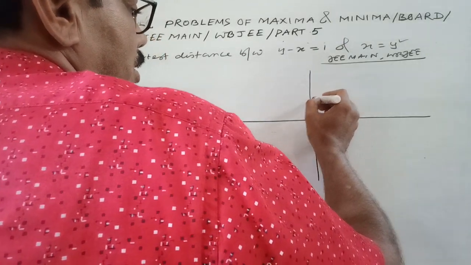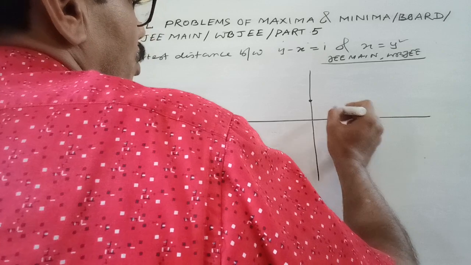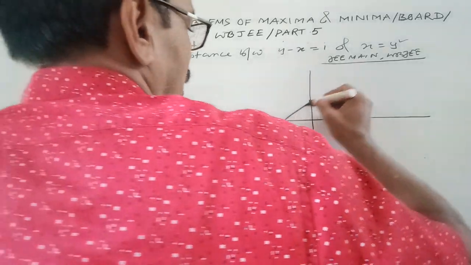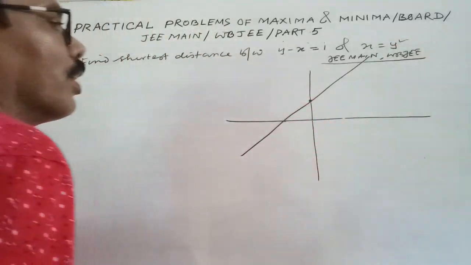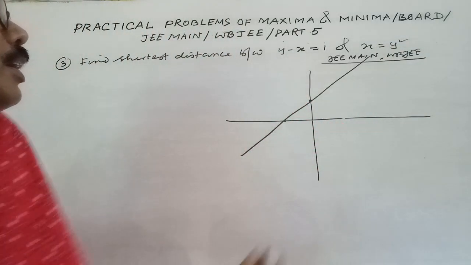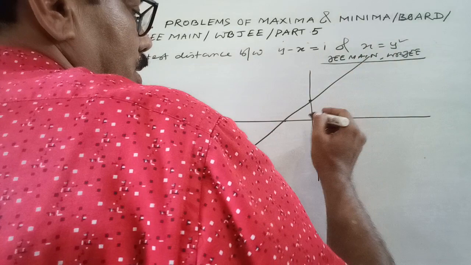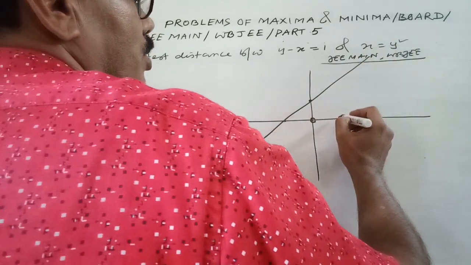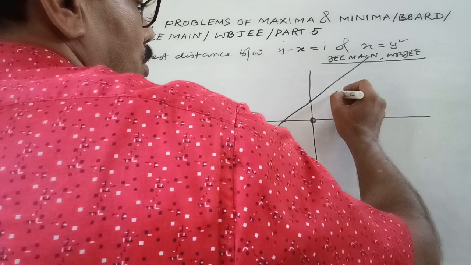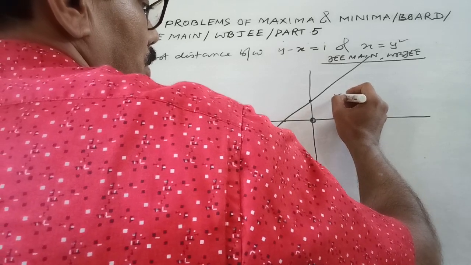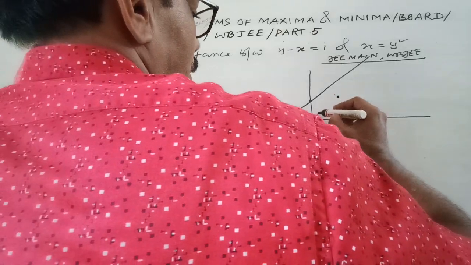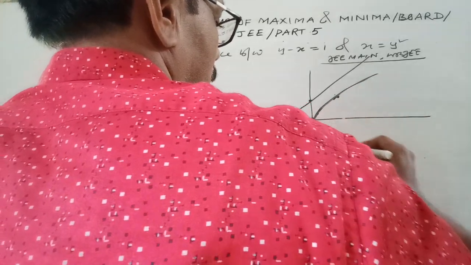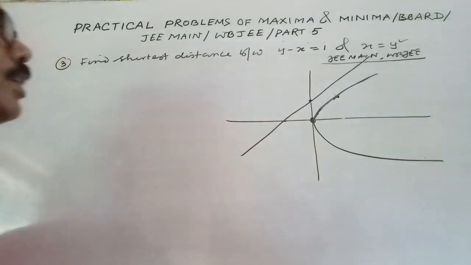It cuts the x-axis at negative. So you are getting this, and y square equals to x. X equals to 0, y equals to 0, x equals to 1, y equals to 1. So you may get this type of figure.